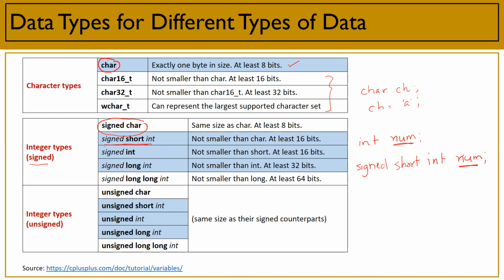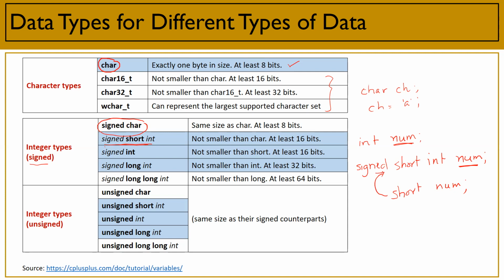Here you see that signed and int are written in italics, which means they are optional. So if I write short num, it is equivalent to signed short int. A short integer will take 2 bytes and can store a smaller amount of value.